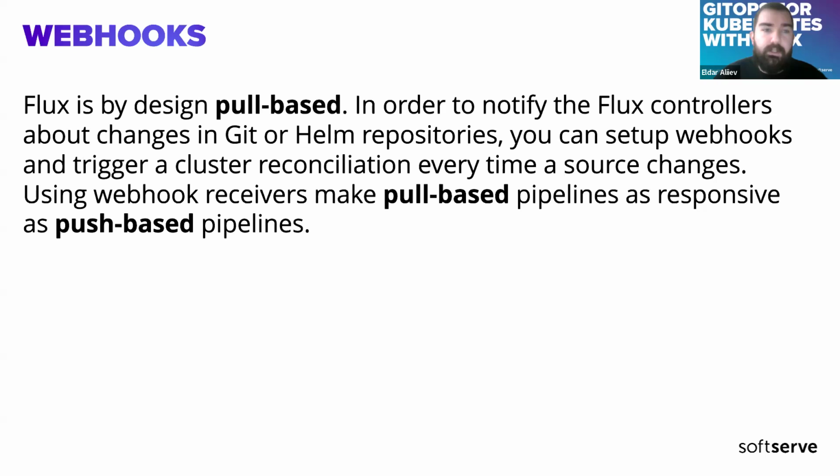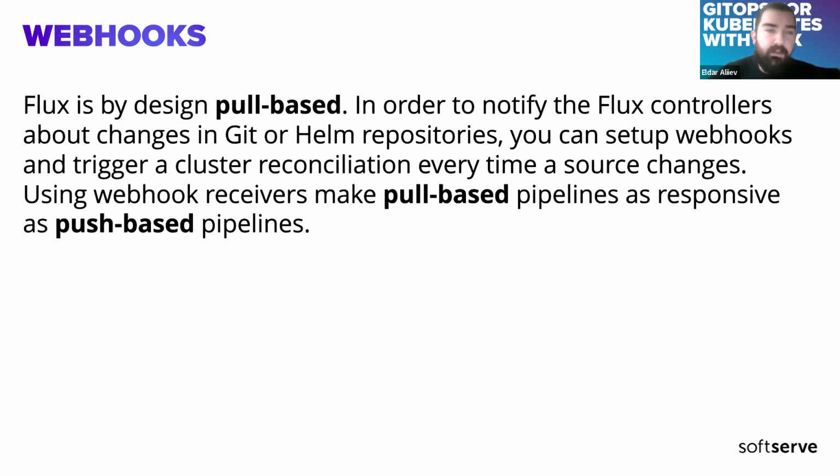So in this case, you can configure your repository just to send some HTTP webhooks. So on the Flux side, the notification controller will work as a receiver. So it will receive the webhooks from your repositories and then just trigger the appropriate resources that must reconcile the sub resources.